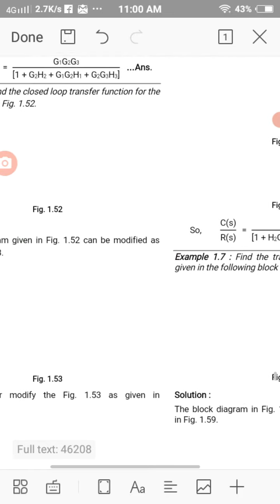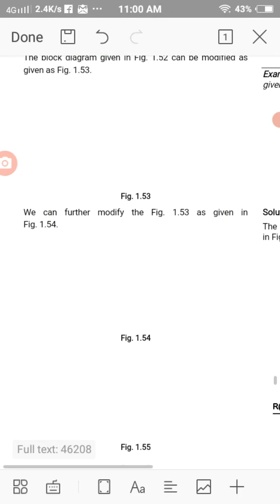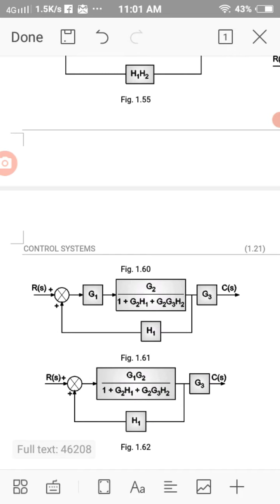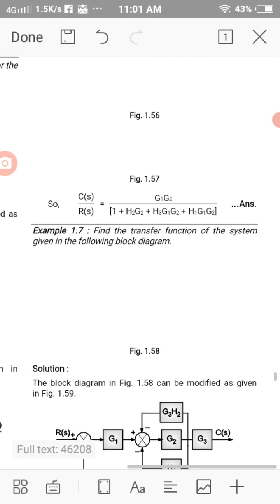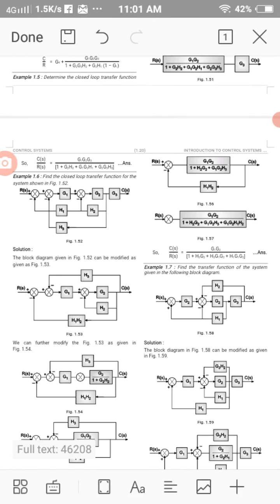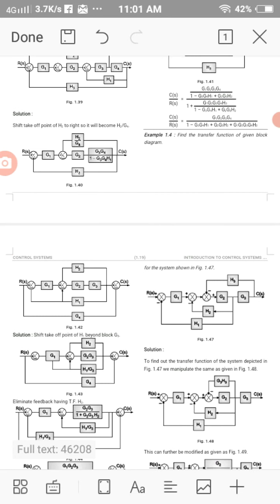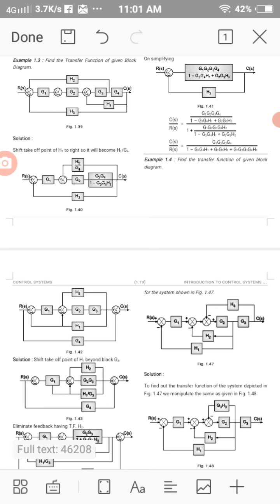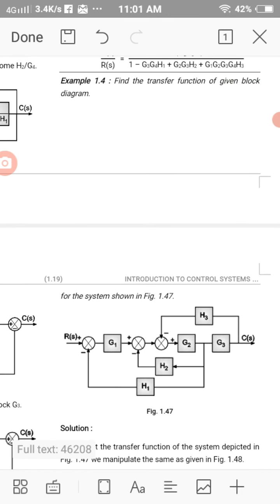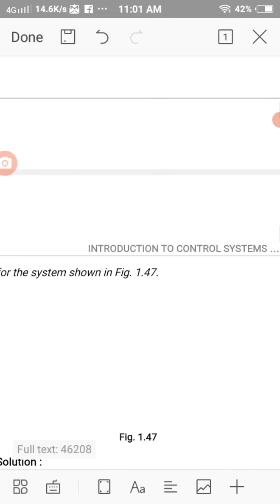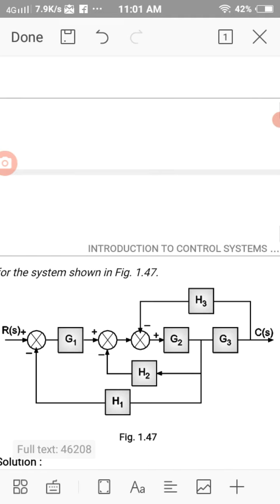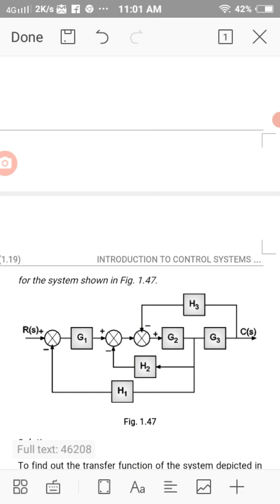Let us consider an example. Find the transfer function of a given block diagram. Suppose this may be a question in a university question paper, you will find such types of questions.